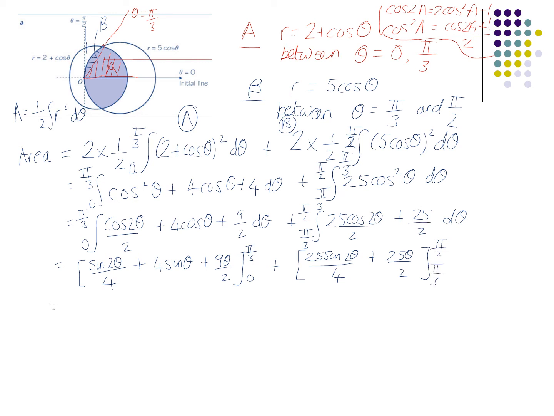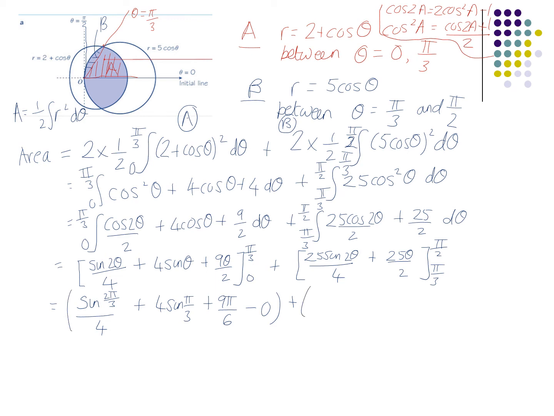Okay, we're ready to pop our limits in. We've got sine 2 pi by 3 over 4 plus 4 sine pi by 3 plus 9 pi by 6. The bottom limit gives minus 0, which is quite nice, otherwise I don't think I'd have enough room to put it all in there. So that is my first integral.